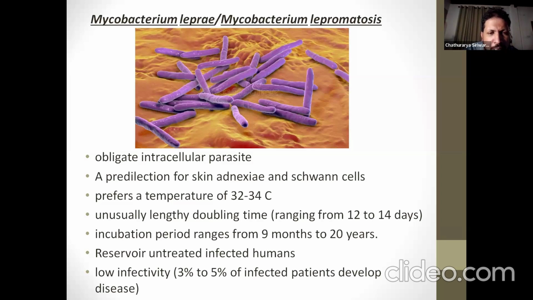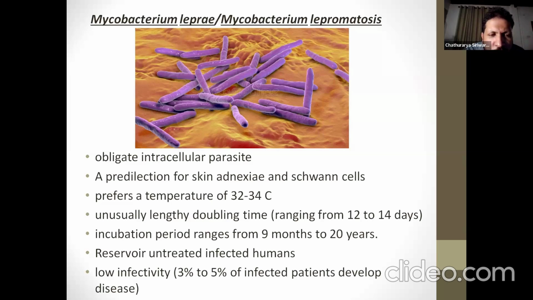Usually this is spread from untreated infected humans. As we go along, we'll see that leprosy is like a spectrum. At one end, patients have a localized disease, and at the other end, it's a systemic disease with a high bacterial load. That group of patients, whom we call lepromatous leprosy patients, are the ones who spread the disease.